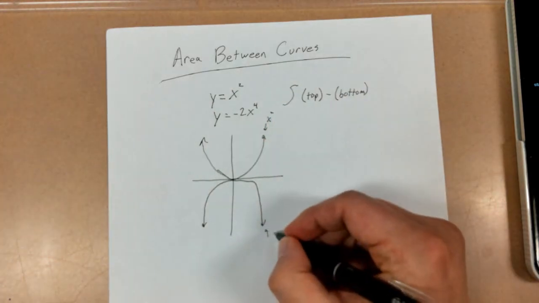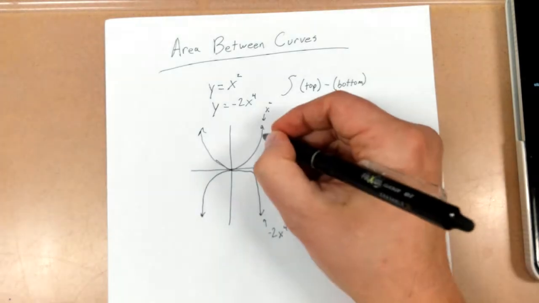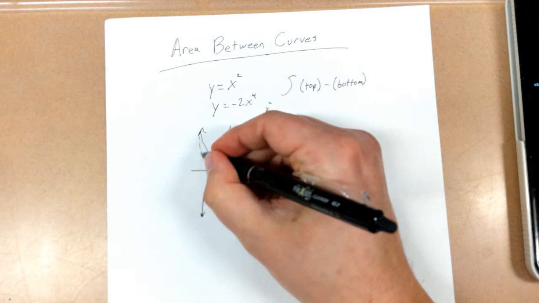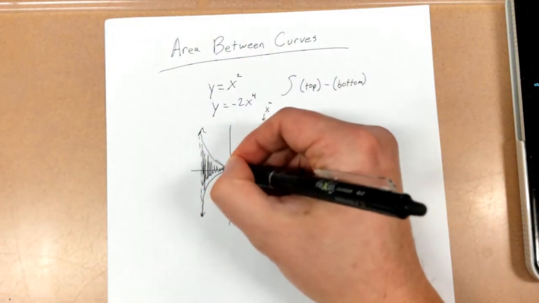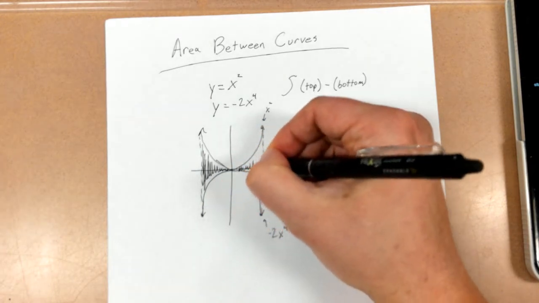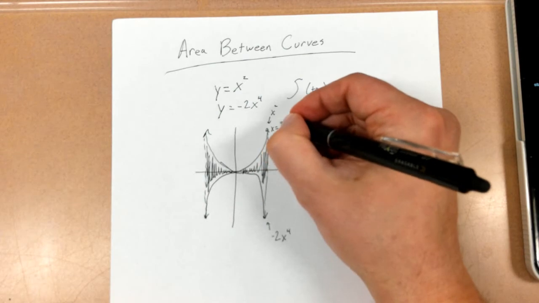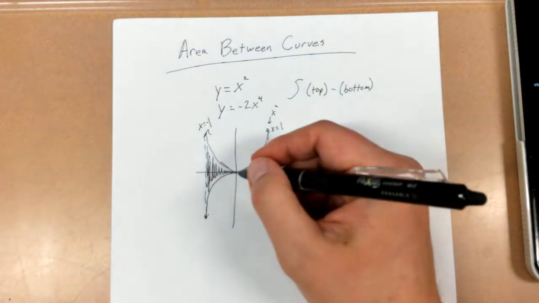The bottom equation is going to be the negative 2x to the fourth. If I wanted to find the area between those two curves, I'm looking for this space here and this space here. And we'll say that this is going to be at x equals 1 and x equals negative 1, just to keep it simple.